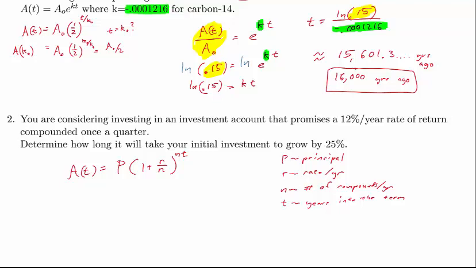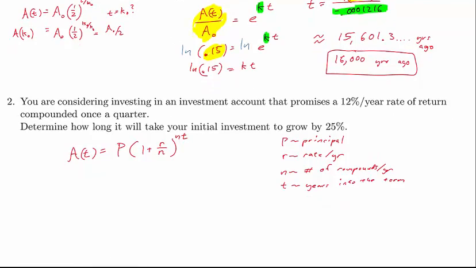Now, let's go ahead and work this through, see what we have. We know that the interest rate is 12% per year. That is our R. What else do we know? We have it compounded once a quarter.